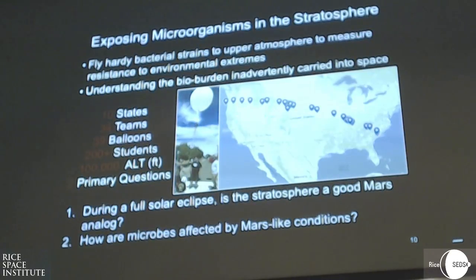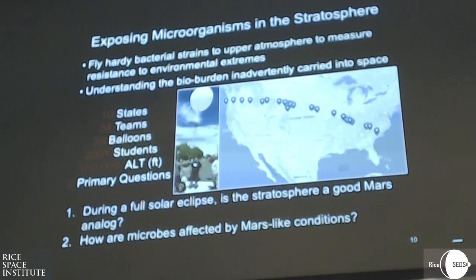These balloons went up to altitudes greater than 100,000 feet, that's above 20 kilometers. They were designed to have an imager on them, a GoPro-like system that would be able to look down and, like the plane observation that I showed you, see the shadow sweep across the country.